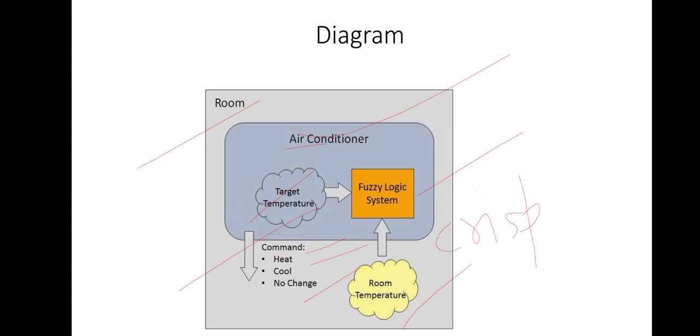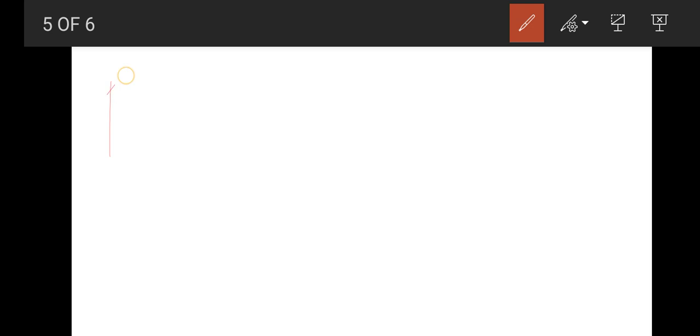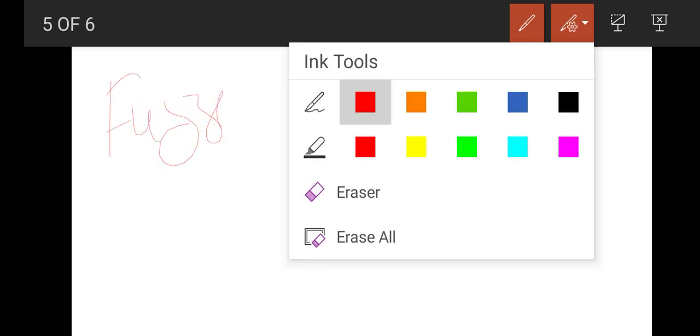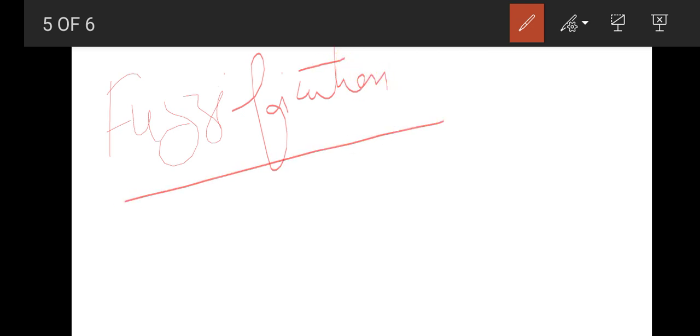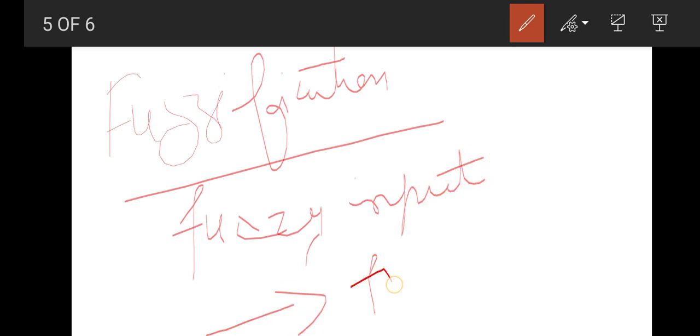I will clear this with one example. We know very well that we have a fuzzification module, and we have already seen that the inputs are taken by this fuzzifier. The fuzzification process is done by this.